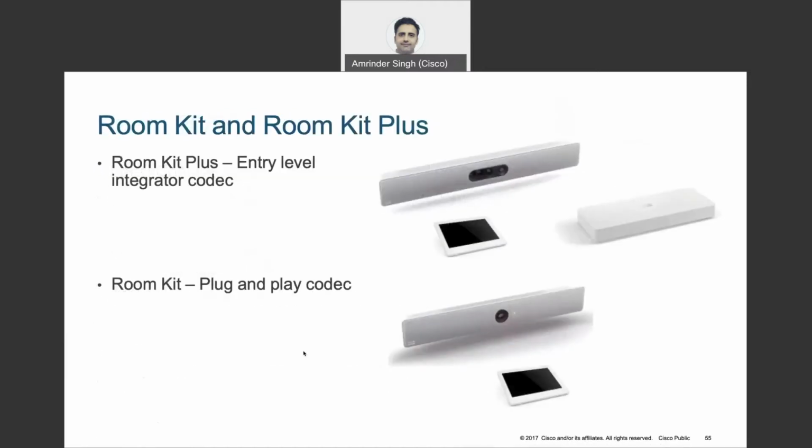So the new entry units we talk about, the one at the bottom is RoomKit. This is Codec Plus, and the one here is called QuadCam. It has just the cameras. It still requires a codec for the functionality. This is your touch panel. So RoomKit Plus is a combination of these two things: Codec Plus and QuadCam make it RoomKit Plus.